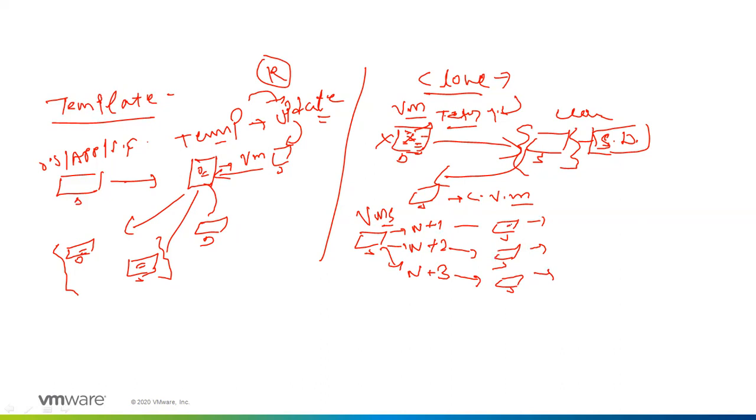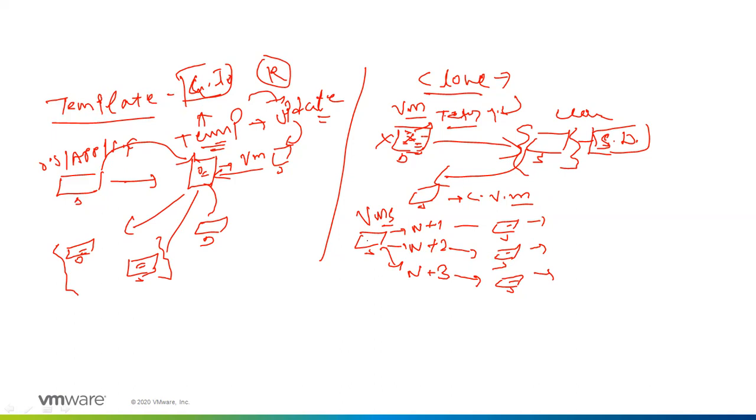Then they are not using the same configuration or the same gold image. So that's why we keep a stable image and convert it as a template, which we also refer to as gold image. Gold image is the master image.